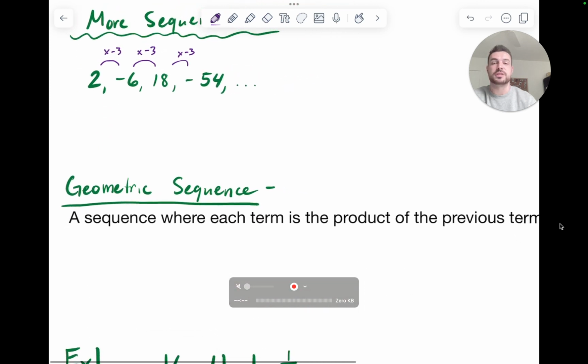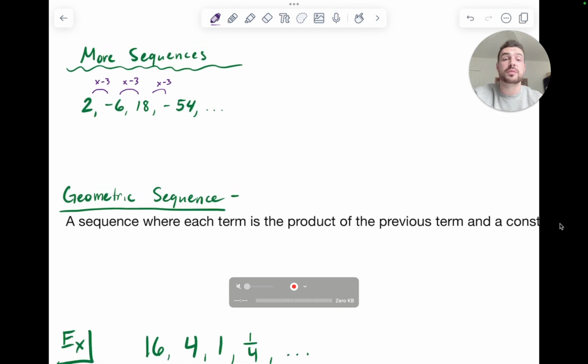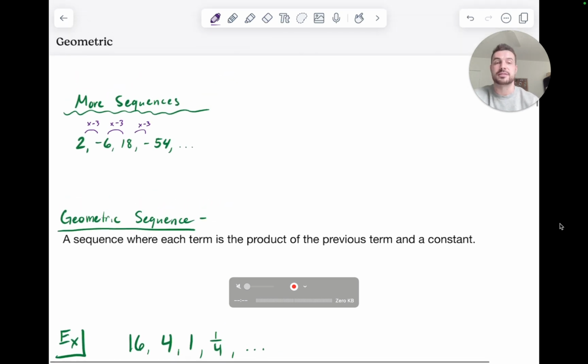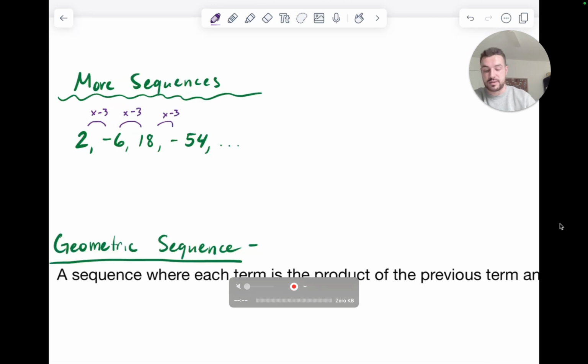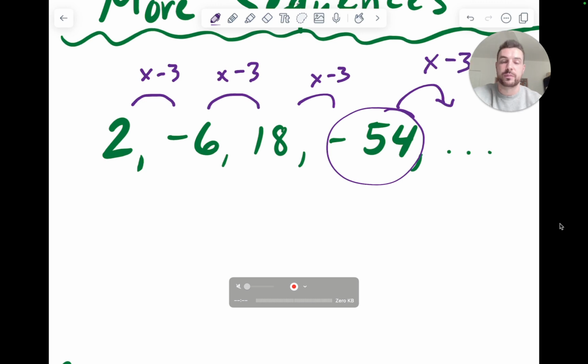Now, a geometric sequence is a sequence where, to go from one term to the next, we take the product of the previous term and a constant. What that means is to go from one term to the next, we multiply the previous term by our common ratio.